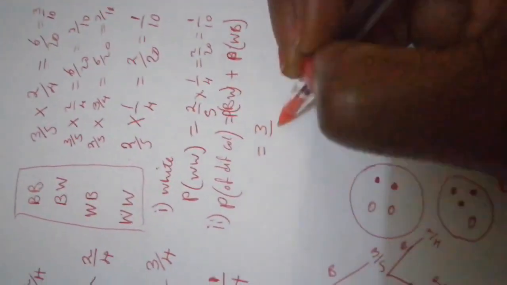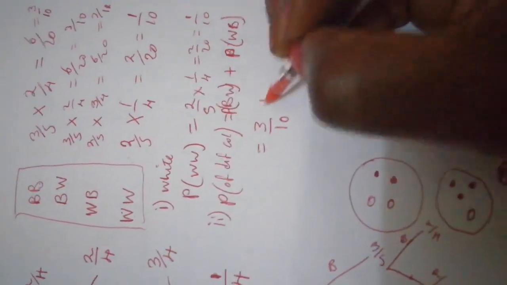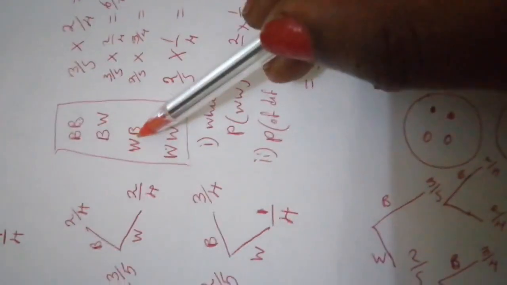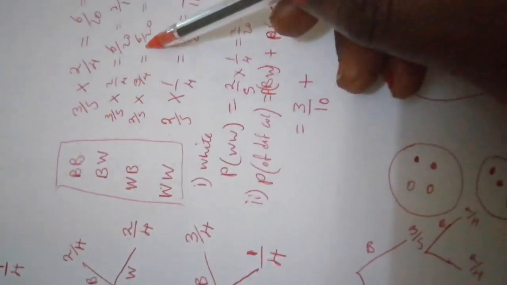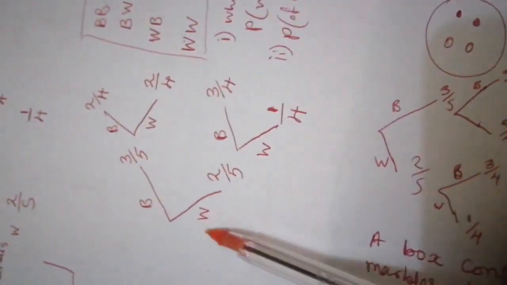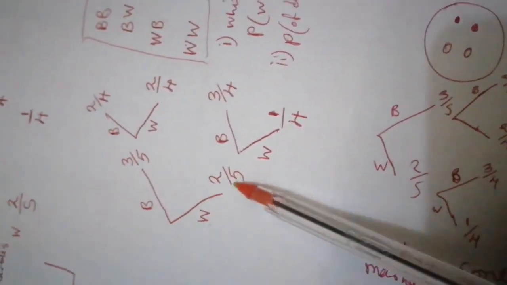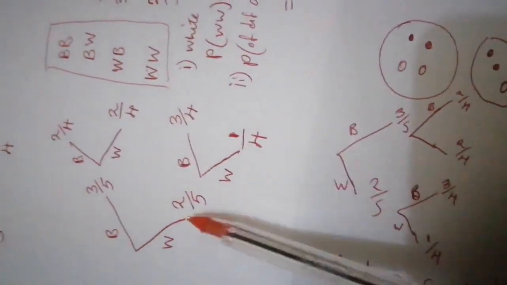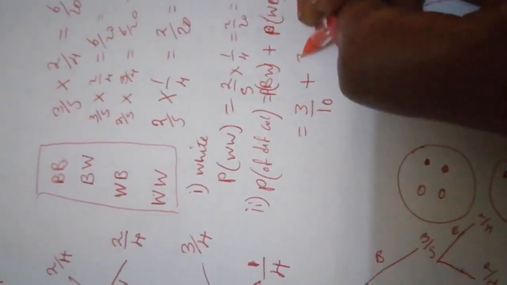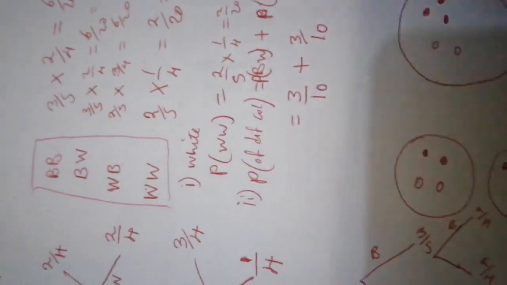So we'll have 3 over 10 plus, then we have WB, that one. We also calculated this one. If you go to the tree diagram, moving from here, you get this times that, different colors. So the probability we got here after multiplying is again 3 over 10.